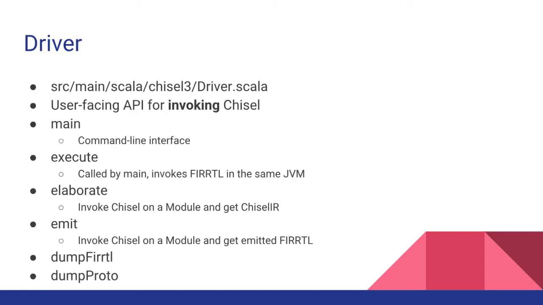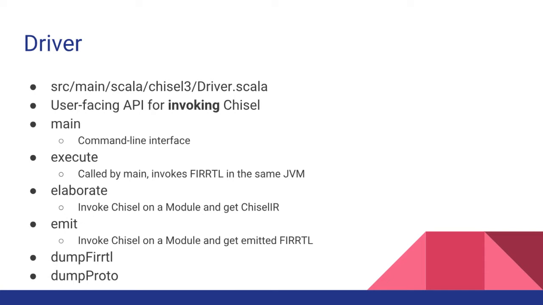So a little bit more about the driver. It's the user API for invoking Chisel. You can define Chisel classes and objects, but if you actually want to elaborate them and get hardware out, you have to invoke it through the driver. It has a main for the command line interface, which is a little tricky to use considering you need to instantiate a Scala object.